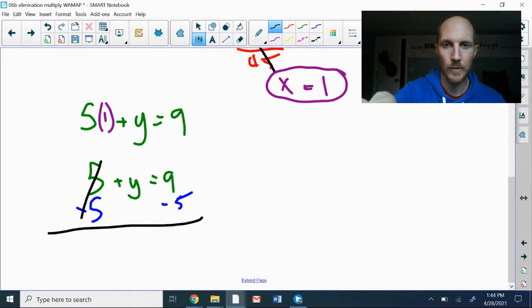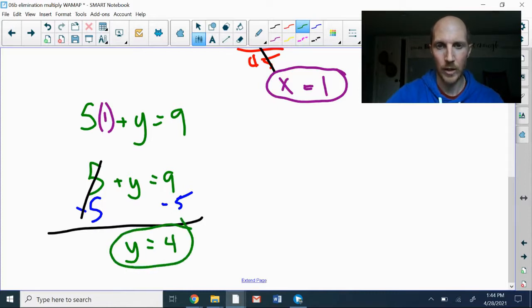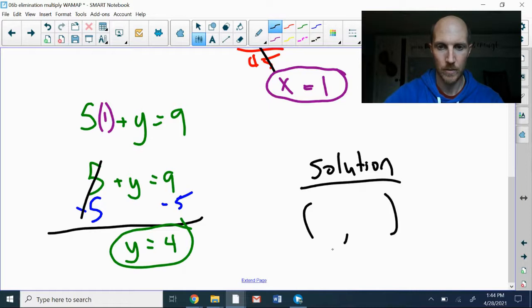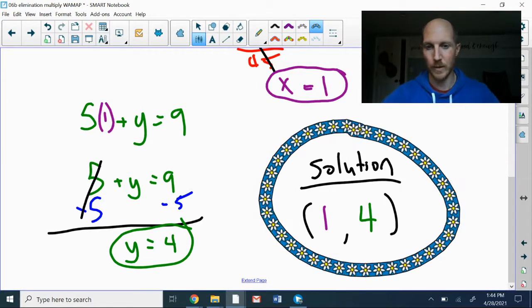So these cancel. y equals, and 9 minus 5 is 4. So I've got x is 1, y is 4. Let's get that written down as a solution. x always goes first, so that's 1, and then y always is second, and that is 4. Circle our answer this time with some beautiful flowers for spring.